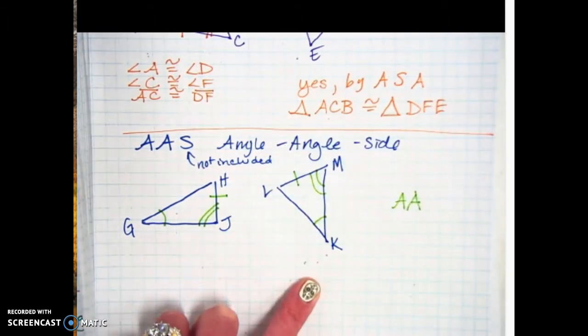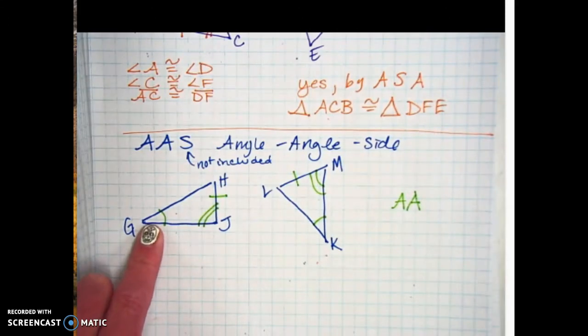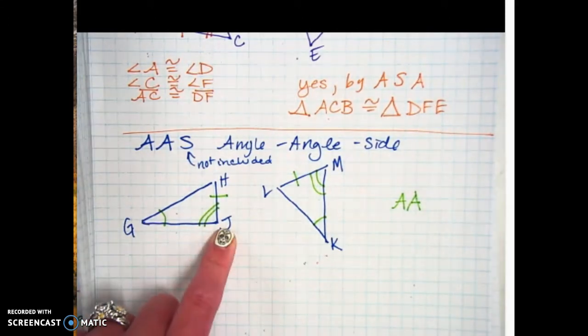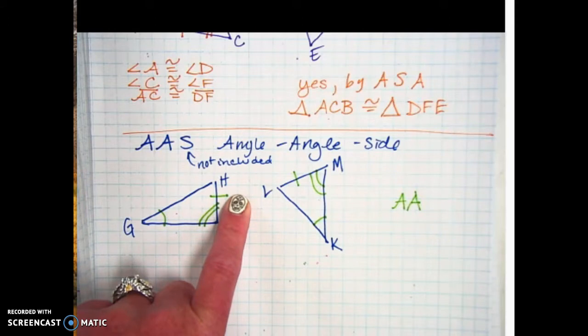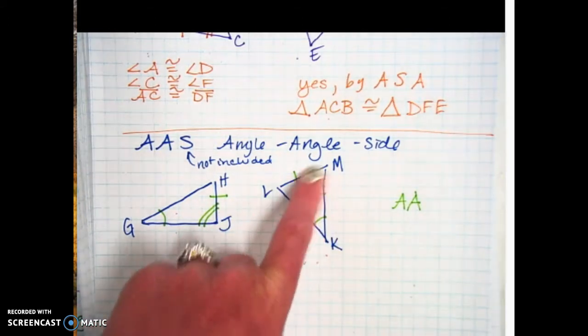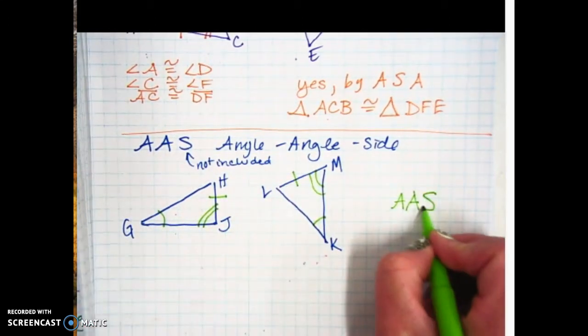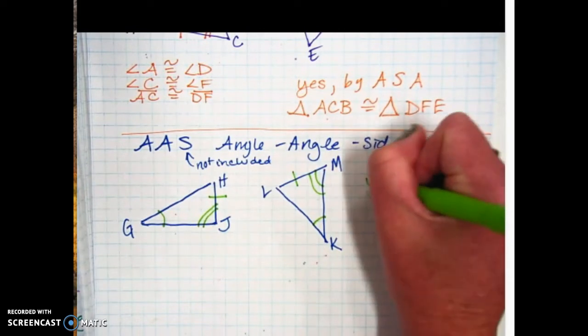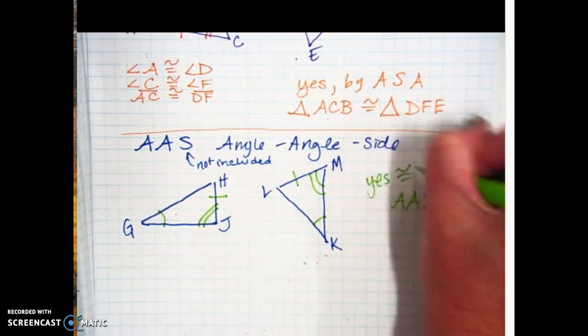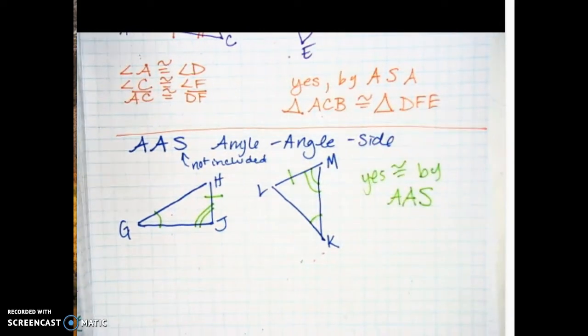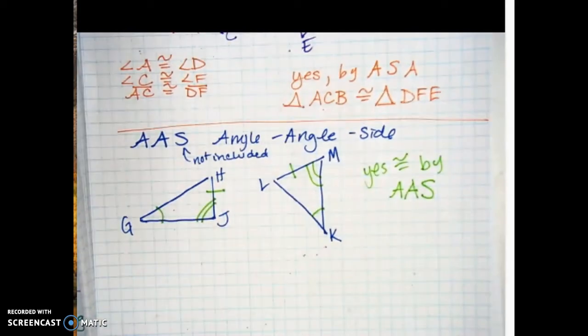So notice it goes first angle, second angle, outside side. First angle, second angle, outside side. So that's our S. So these two, we say yes, they are congruent by angle, angle, side. And then we need to write our congruent statement.